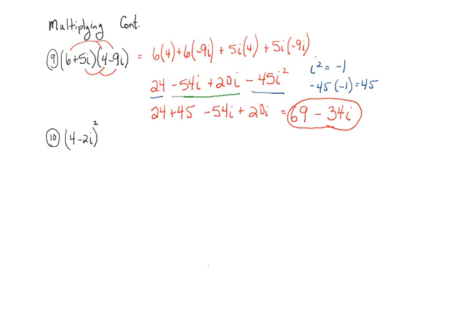So I can rewrite this as 16 minus 8i minus 8i minus 4, because we know, once again, i squared is negative 1, and negative 1 times 4 is negative 4. I have my like terms. You can rewrite it together if you want. I will not. I will just combine them. And I can see I already made a mistake.